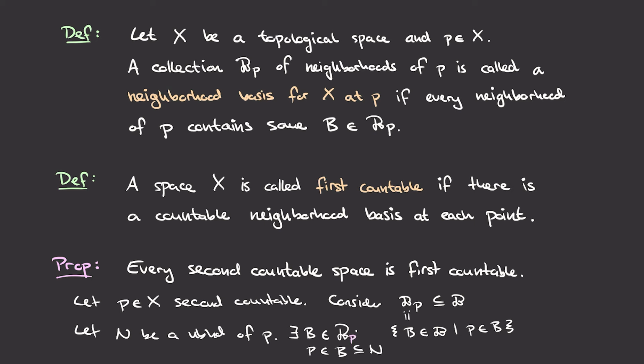And so we found an element in BP that is contained within the neighborhood N, and this shows that BP is a neighborhood basis. Finally, BP is countable because our entire basis B is countable. This means that we found for any point a countable neighborhood basis at that point. And this is, in fact, just the definition of what it means to be first countable. So in summary, every second countable space is also first countable.